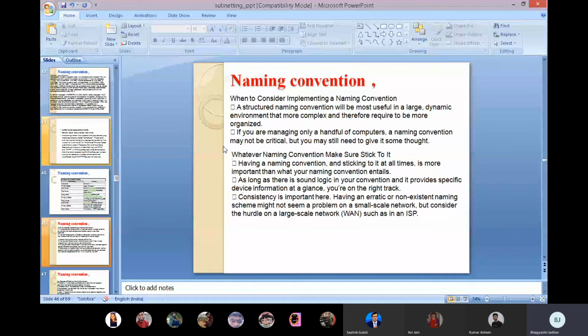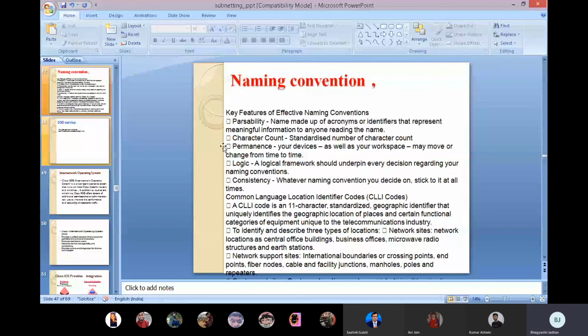Then key features of effective naming conventions. First is parsability. Parsability means names made up of acronyms or identifiers that represent meaningful information to anyone reading the name. Then character count, a standardized number of characters. Performance: your device as well as your workspace may move or change from time to time.